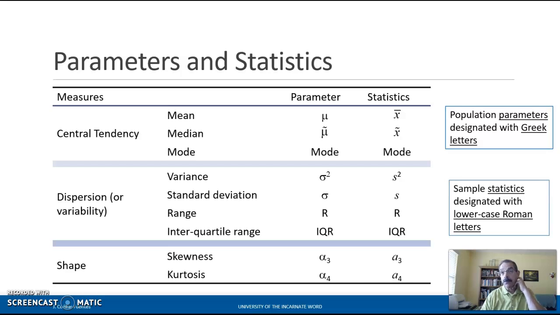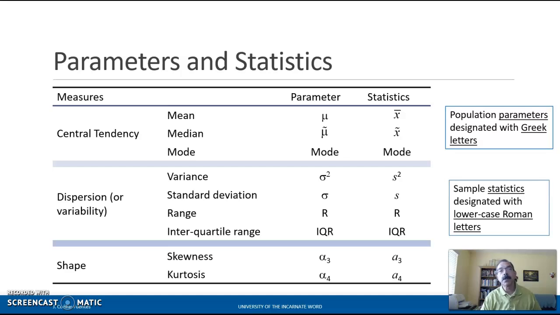All right, in this table, I wanted to summarize all these characteristics of a frequency distribution. Under central tendency, we have three measures: the mean, which you're probably familiar with, the median, and the mode. In terms of dispersion or variability, we have four measures: the variance, the standard deviation, the range, and the interquartile range.